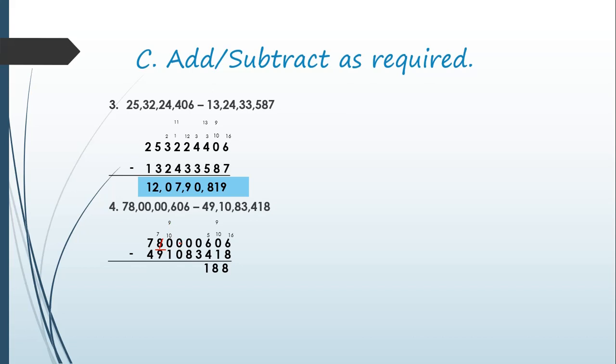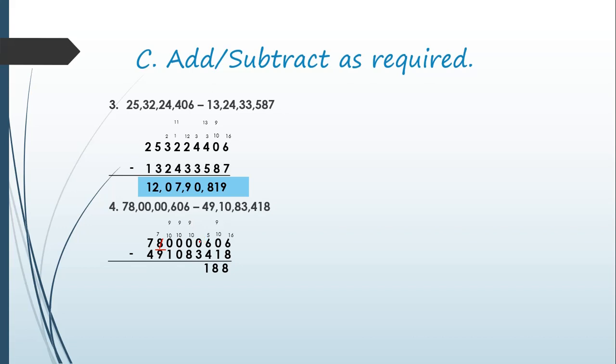I wrote 9 here. Again the lakhs place 0 becomes 10. We are borrowing from this lakhs place, therefore 10 will become 9. Again we need to borrow from the ten thousands place. This will become 10, and since we borrowed 1 from the ten thousands place, 10 becomes 9.